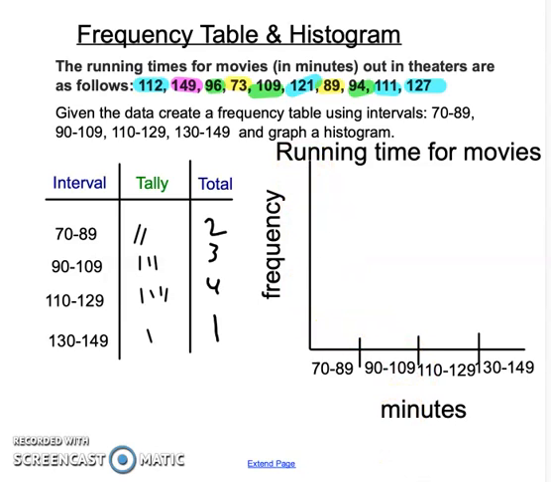So I'm going to need to be able to go up to at least 4. Let's mark off 1, 2, 3, and 4. Just like I would on any graph. And then I'm going to make my bars.